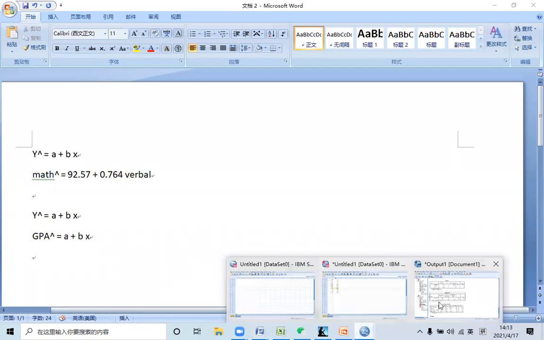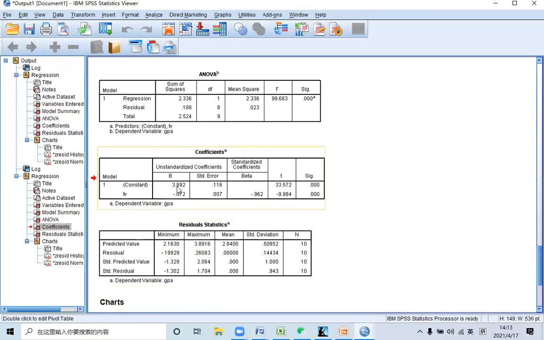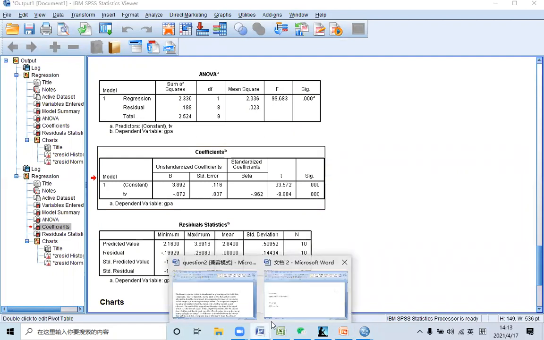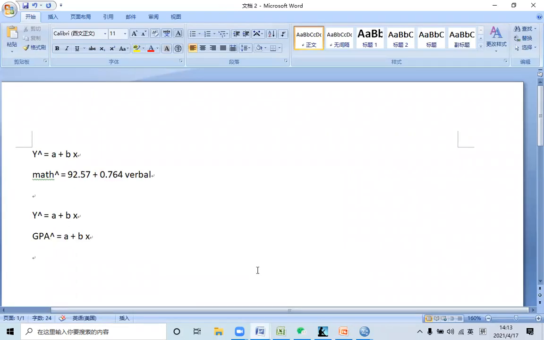From the computer printout, 3.89. This means that according to my prediction, if somebody watched zero TV, his or her predicted GPA would be 3.89. That's the intercept.